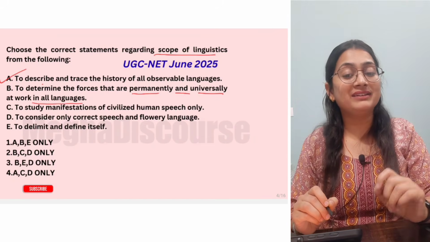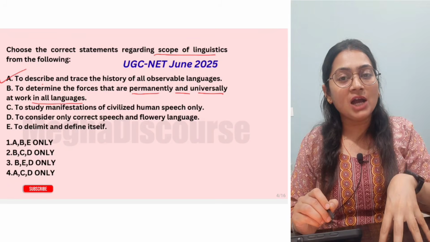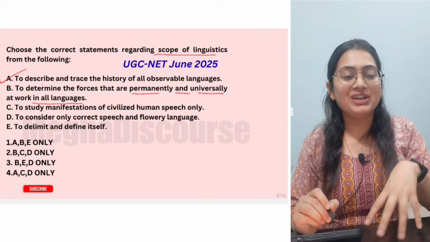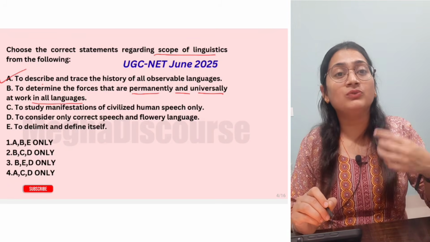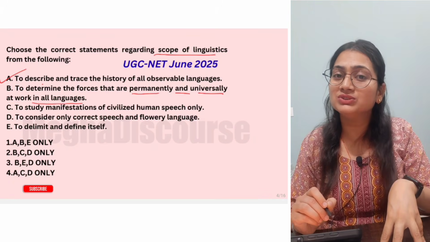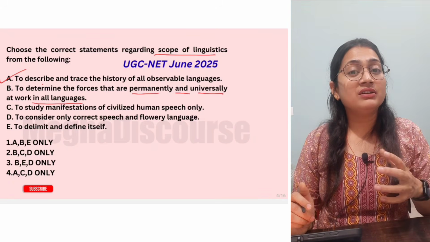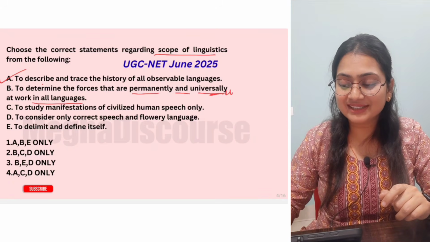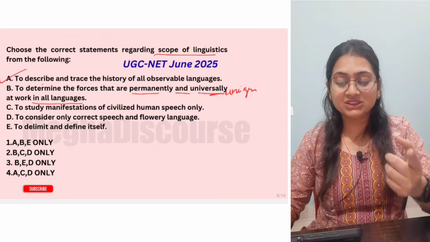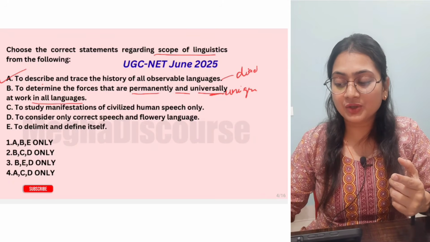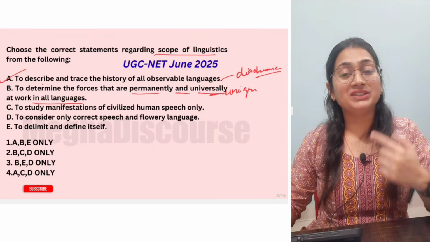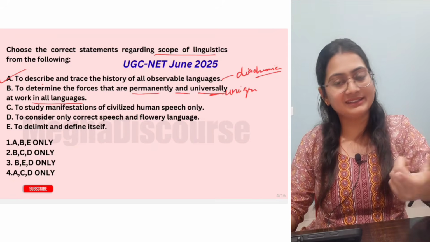We have to determine that, yes, before this language, we have certain rules. And after the evolution of the language, we have certain rules. Is there any change in rules? In general, it is talking about universal grammar. Like in the first point, it is talking about diachronic shift. So in the second point, he is talking about universal grammar.